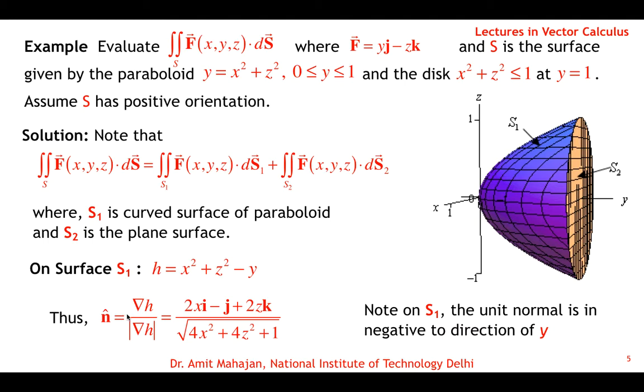And for the ds element, ds1, we have to take the projection of this on the xz plane. On the xz plane it will be a disk of unit radius. So immediately we can calculate the ds element, and then we can solve this double integral.